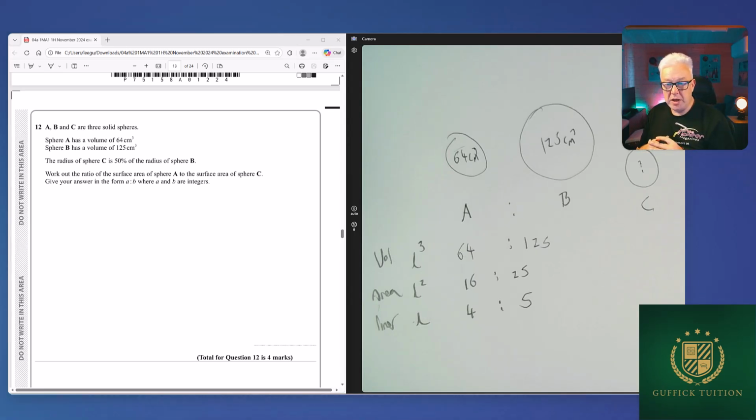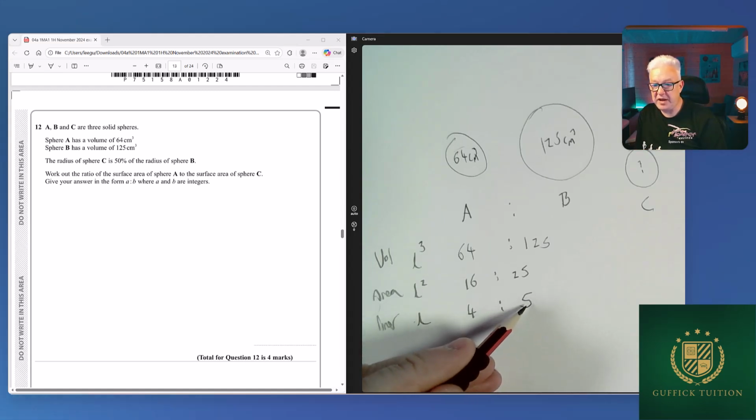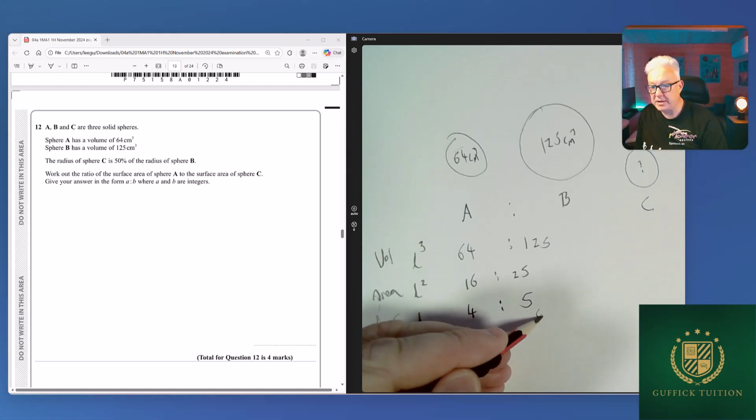Now, what do we know? We're told that the radius of sphere C is 50% of the radius of sphere B. So let's think about this. The radius of sphere B is 5 centimeters.